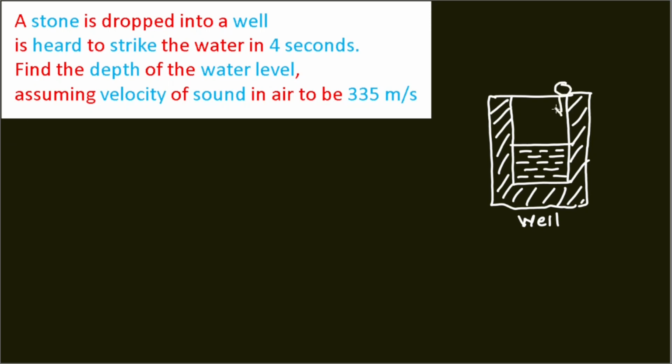It is moving downwards. Its initial velocity u is 0. It will strike the water, create a sound, and the sound will travel in upward direction and cross the height of the water level h.